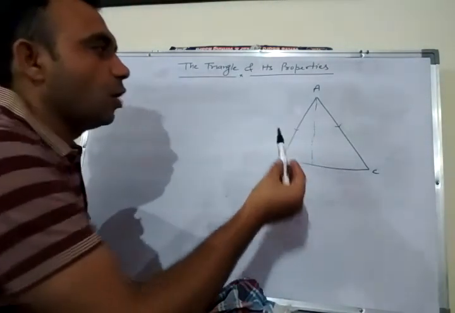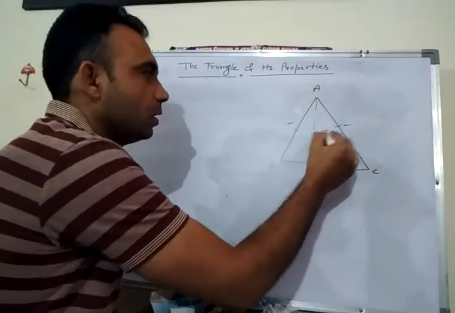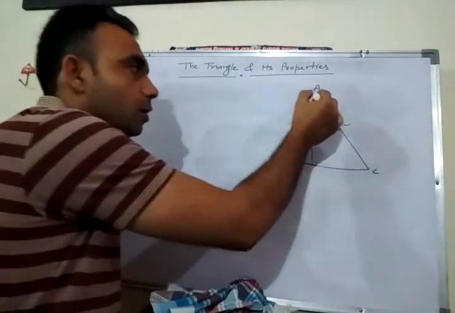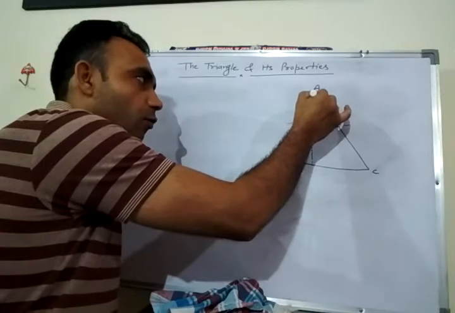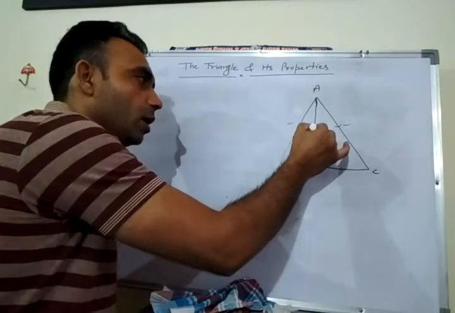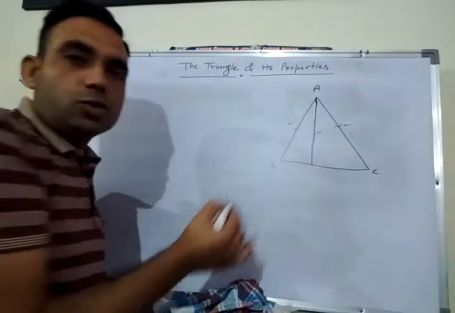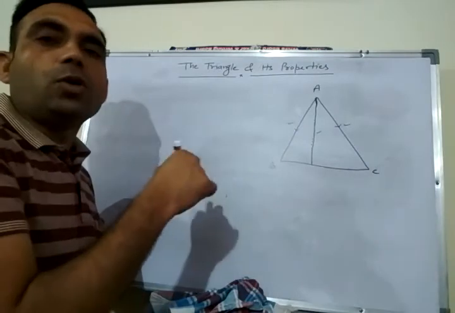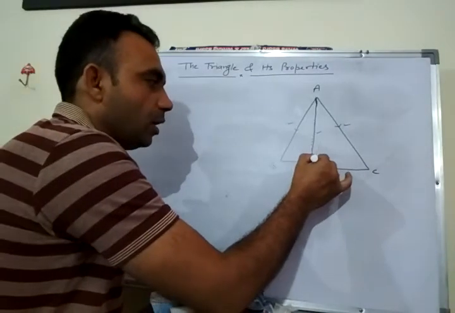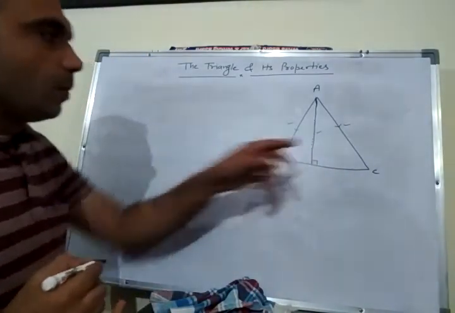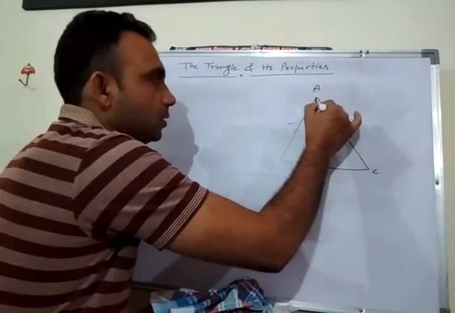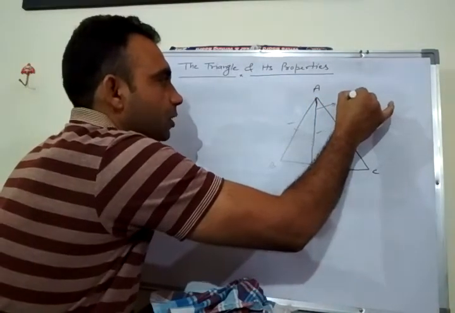What will be the shortest distance? This one or this one. Obviously, the straight line in which we move from A to reach BC is the shortest distance, and this shortest distance will be perpendicular to BC. This is called the shortest distance.